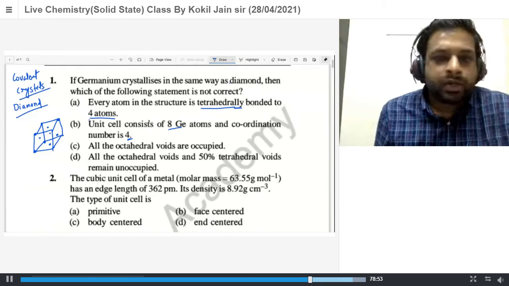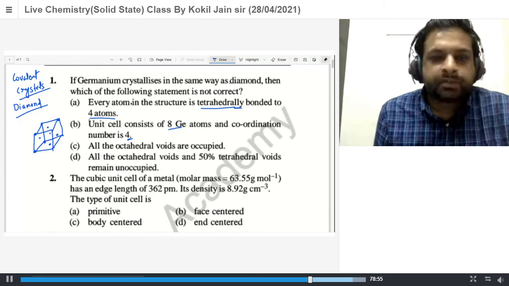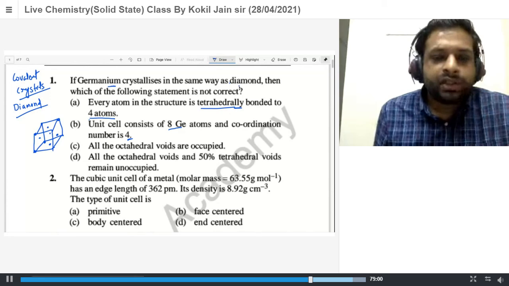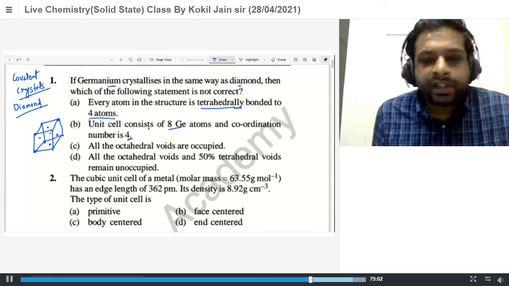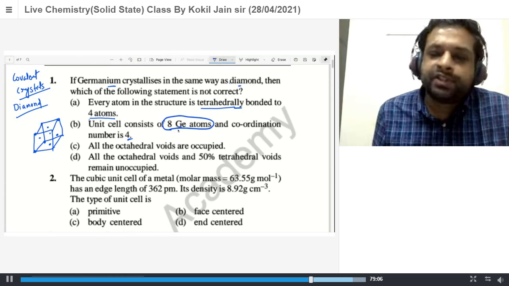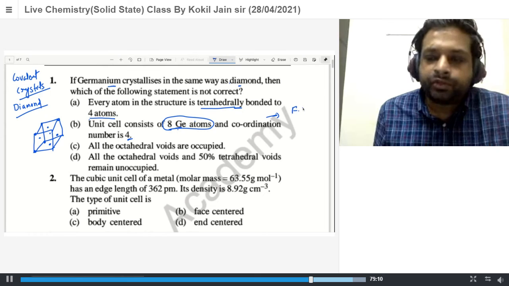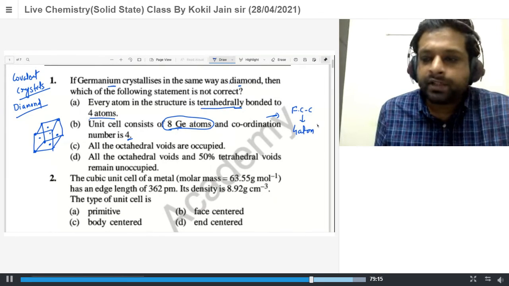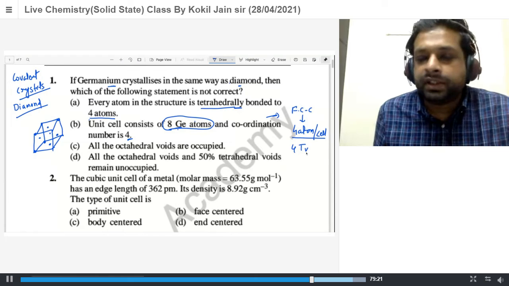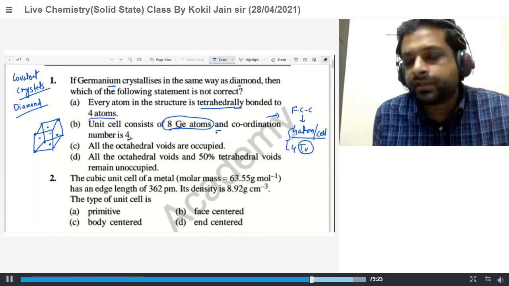Now, when germanium crystallizes like this, it will have 8 germanium atoms. How is it having 8 germanium? FCC lattice used to have overall 4 atoms per unit cell, along with it, 4 tetrahedral voids are occupied. So total 8 germanium atoms are present.